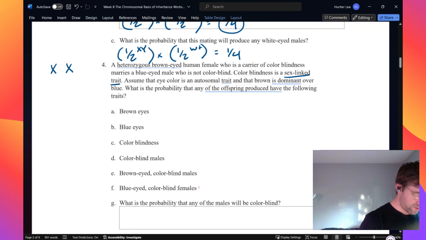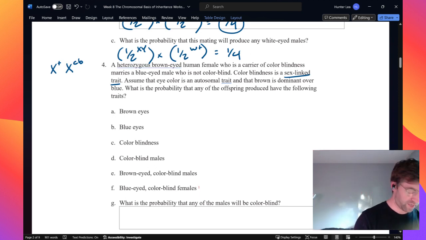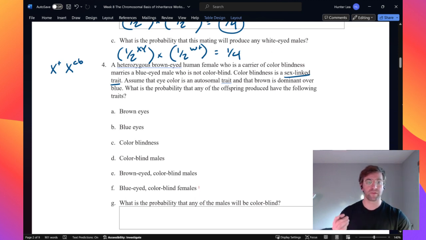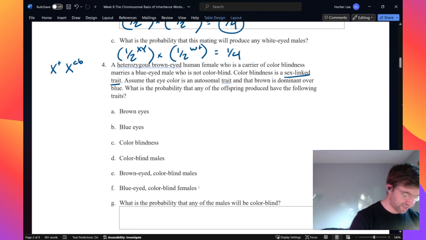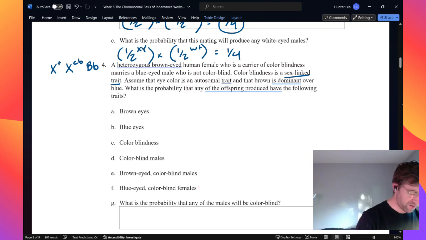So carrier would mean we have one normal gene for color vision and one gene for color blindness. They're also heterozygous for blue eyes. So that means they have the dominant gene for brown eyes and the recessive gene for blue eyes. And this is our female.